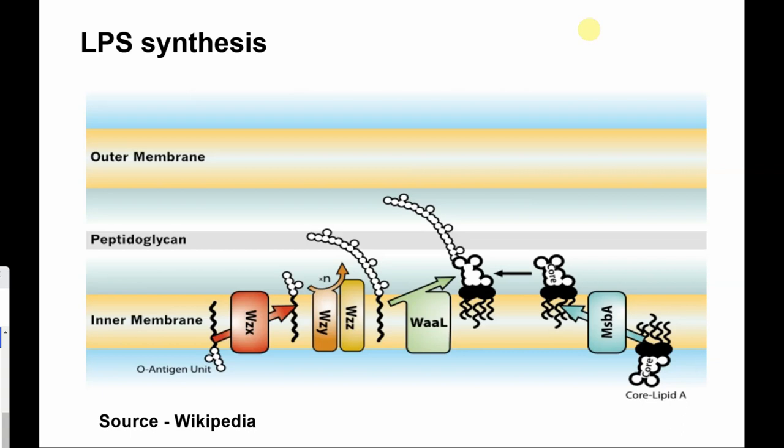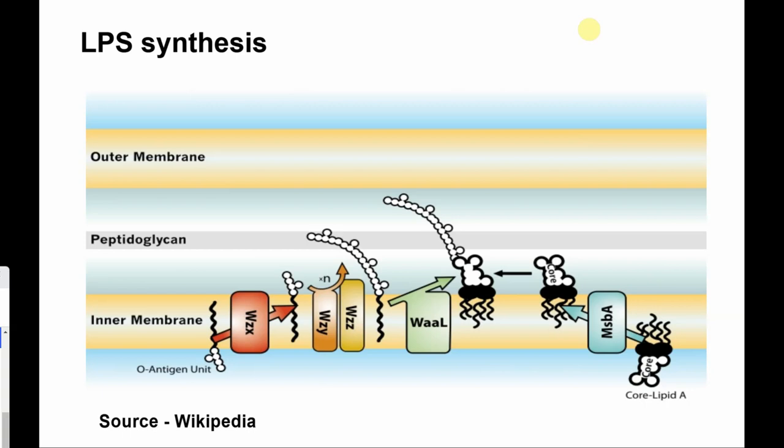So the core oligosaccharide is synthesized on lipid A, first at the cytoplasmic side of the plasma membrane, then the whole thing is flipped over. And you get a similar process occurring with the synthesis of the O antigen repeats. They're synthesized on the cytoplasmic face of the plasma membrane and then flipped over.